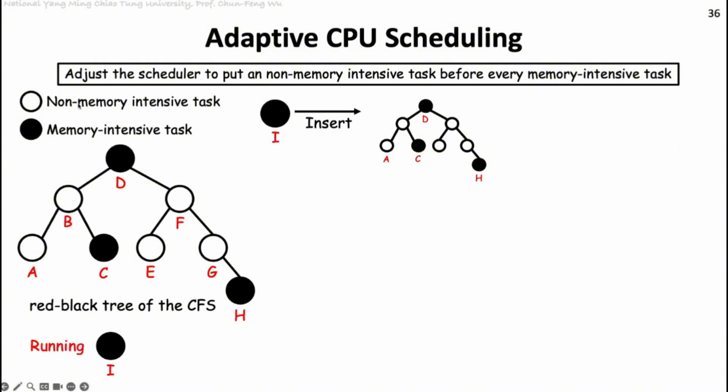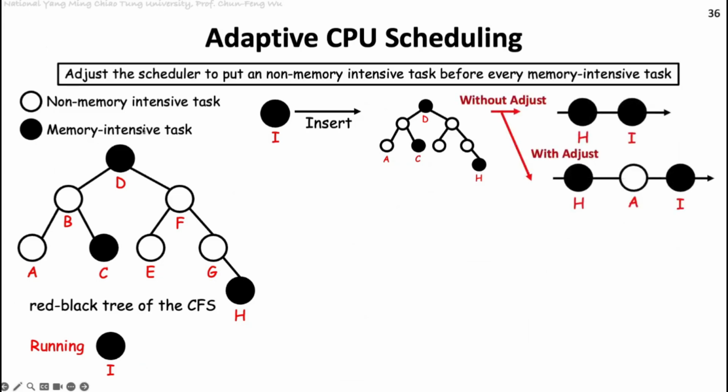But if the Spark system is going to run some memory intensive algorithm in the front end, then this will be memory intensive. So it depends on what kind of things you are running. In the same system, at different times, they are running non-memory or memory intensive tasks. So we are going to let the CFS be aware of this kind of design.